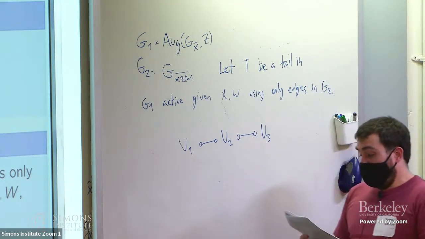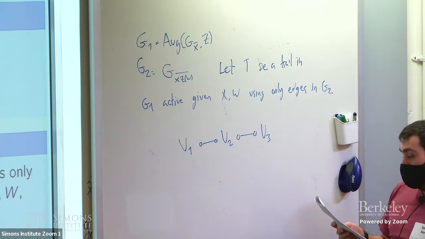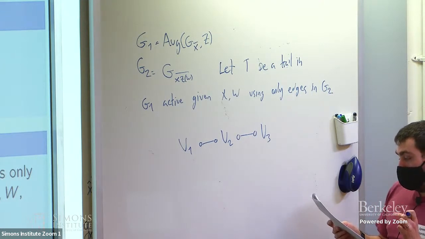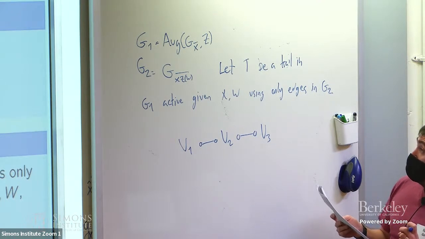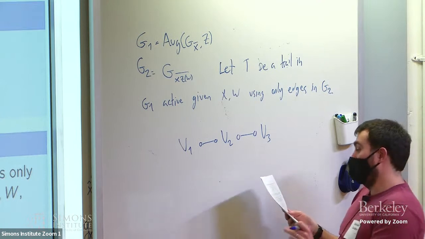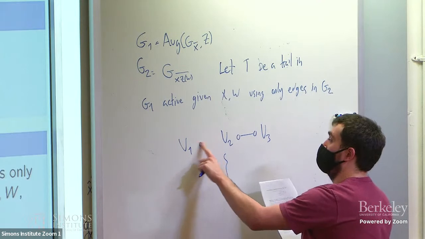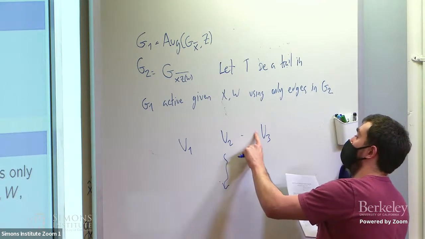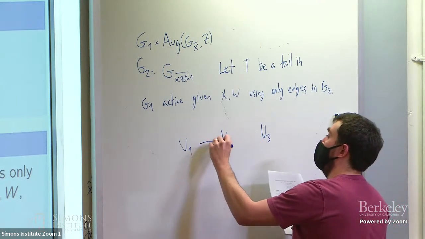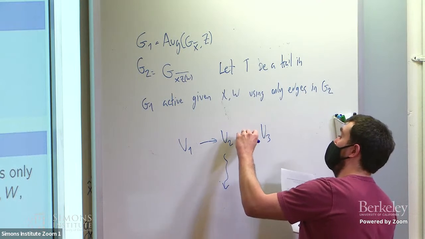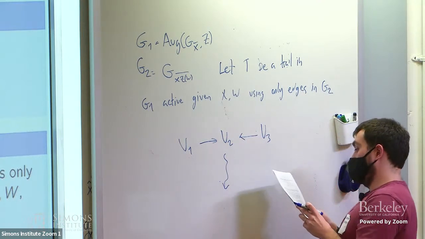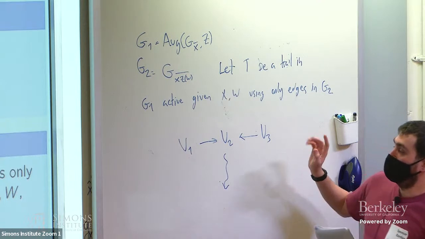So the only remaining case is a collider triple where there exists a W as a descendant. Sorry, let me back up a second.